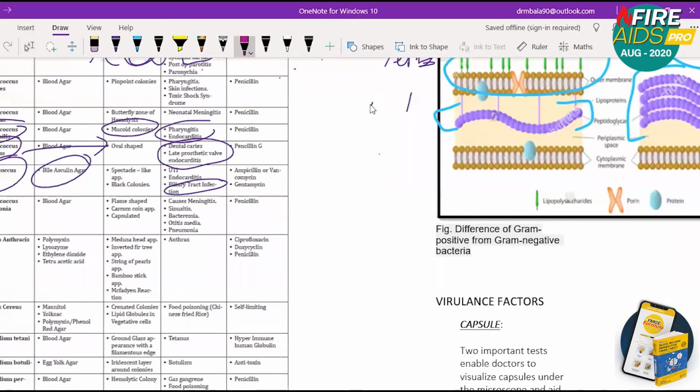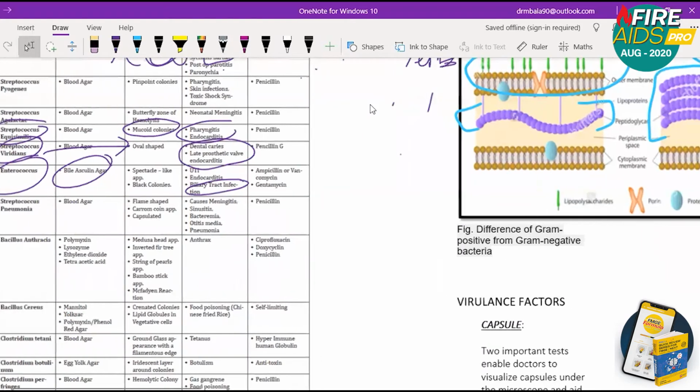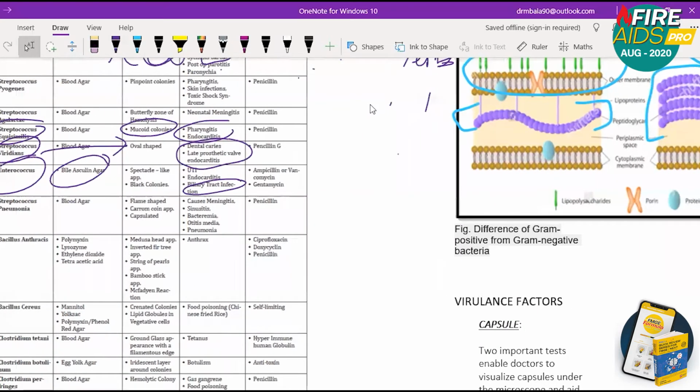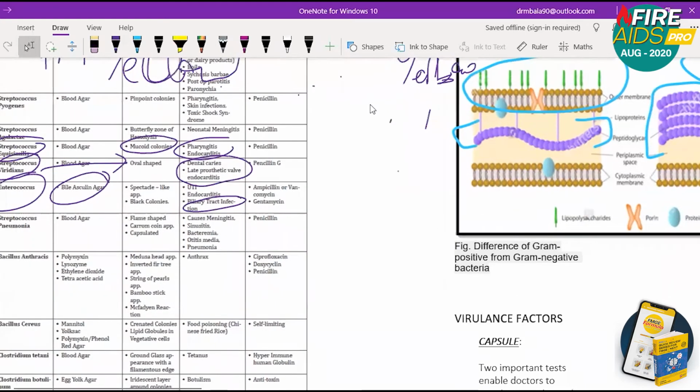So we are talking about Enterococcus. I want you to remember Enterococcus means endocarditis and eyeglasses, the eyeglasses that we use. So E for endocarditis, E for eyeglasses.